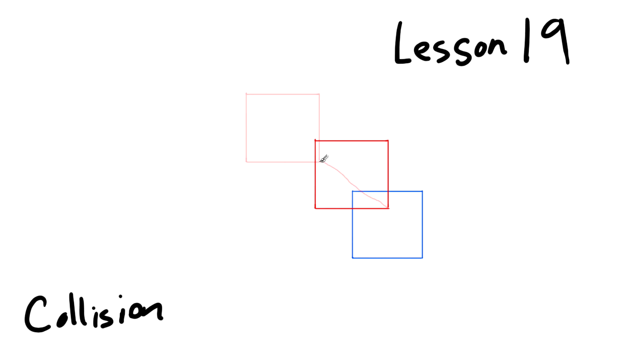Now, as you can see, the bottom right corner collides like this. So we're colliding with the top. And what we can say is basically if this line passes over this point on the blue rectangle, the top left point of the blue rectangle, we're colliding with the top.